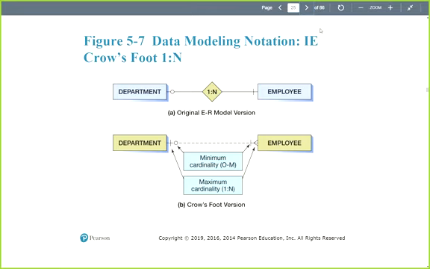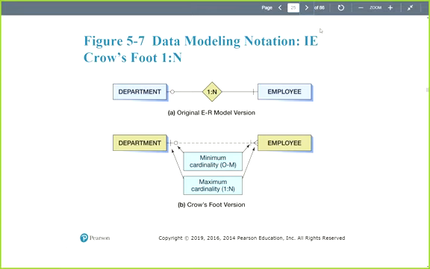So in this relationship, if you are an employee, you think about, I work for this company, how many departments should I be assigned to? Right? Can I work for a company without being assigned to a department? Well, maybe not. If you are a new employee, you are not assigned to any department yet.